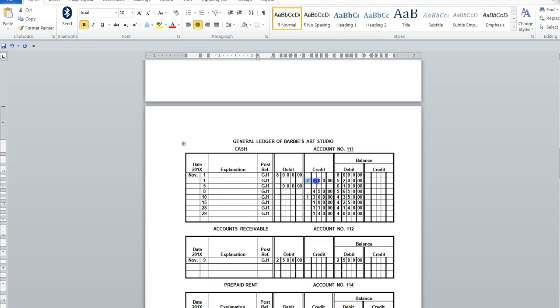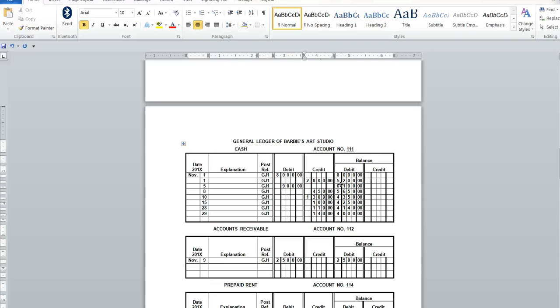And you know that if you're in an asset account, debits are additions, credits are reductions, so if you took the 8,000 and subtracted the 2,800, you'd be at $5,200 as a balance.